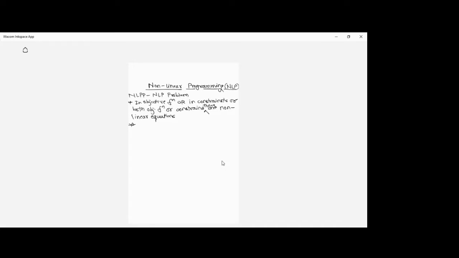Now, what is a non-linear equation? A non-linear equation will have a higher order of the variables, right? For example, even if we take 15x minus x square, this equation is a non-linear equation. Why? Because there is a higher order of a variable present here, right?